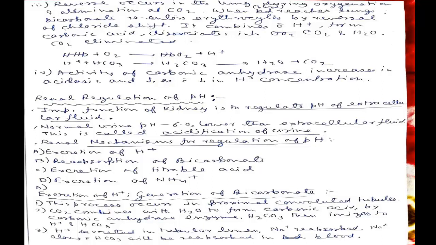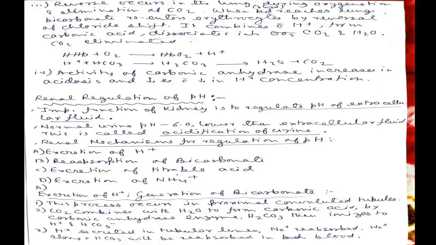Excretion of hydrogen ion and generation of bicarbonate. The mechanism is as follows. This process occurs in proximal convoluted tubules. Carbon dioxide first combines with H2O to form carbonic acid by carbonic anhydrase enzyme. Next, H2CO3 or carbonic acid is ionized to H plus and bicarbonate.